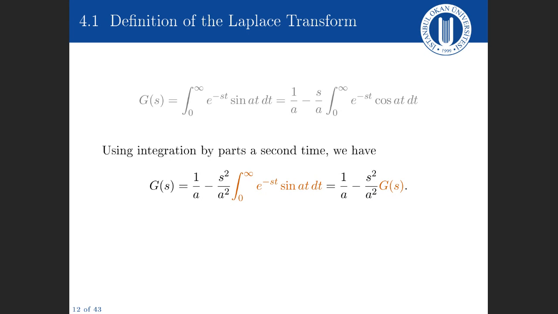So we found that g of s is equal to 1 over a minus s squared over a squared g of s. We can solve this for g of s. And we find that g of s, or the Laplace transform of sine at, is just a divided by s squared plus a squared. I'll leave this for you to double check.